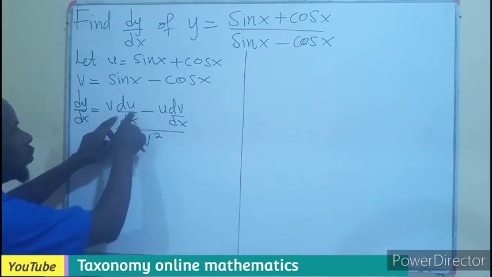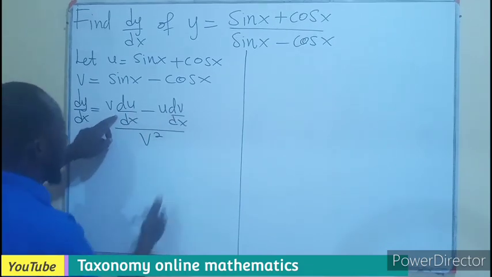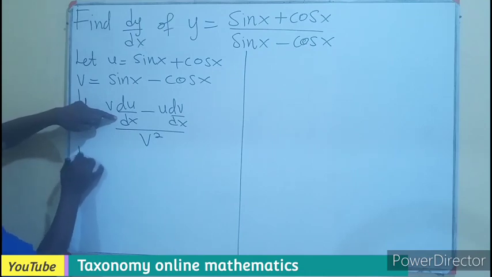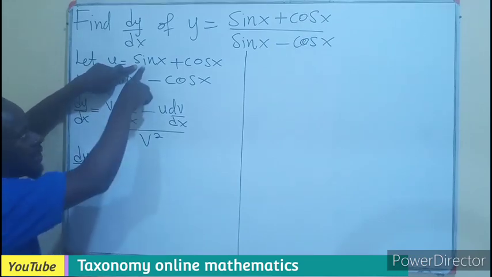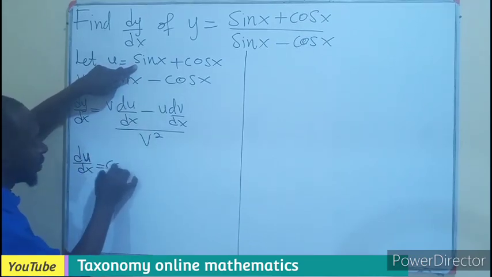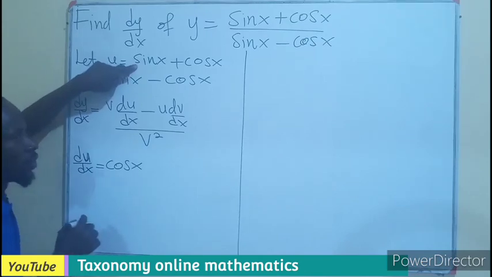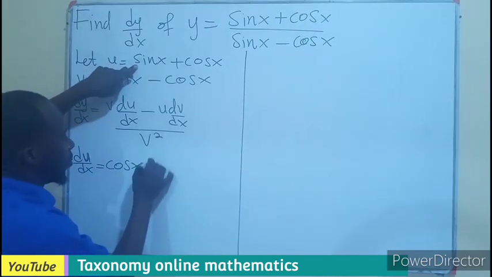So we know the v and the u already. We just need du/dx and dv/dx. So right away I find my du/dx. If we differentiate a sine, we get a cos. Then we have plus.